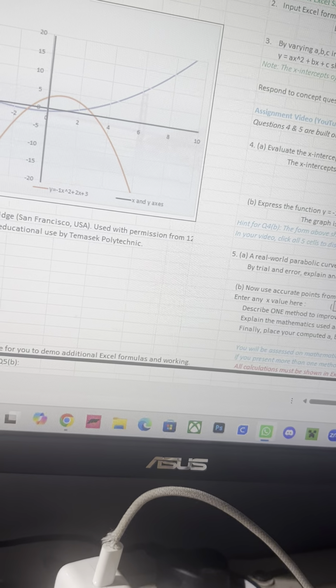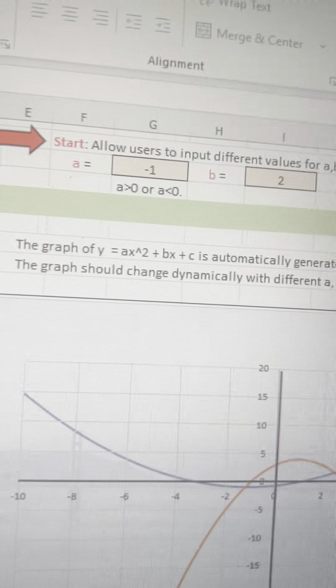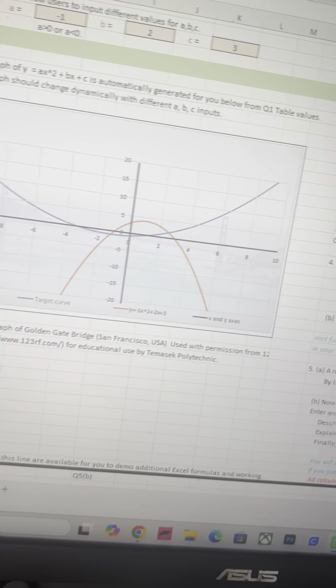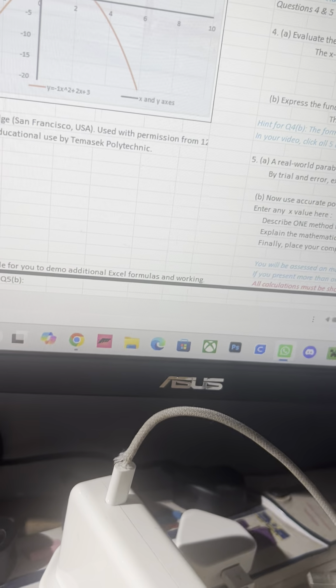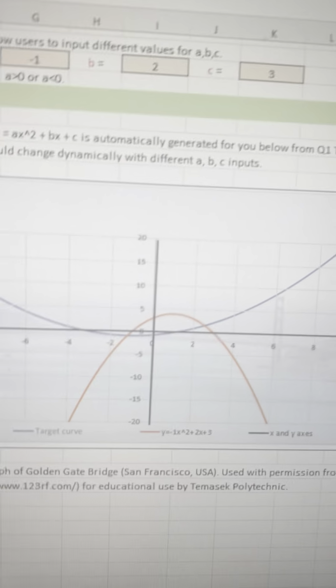So it changes the parabola. For example, changing a adjusts the width and the opening direction of the graph, while changing c would move the vertical intercept.